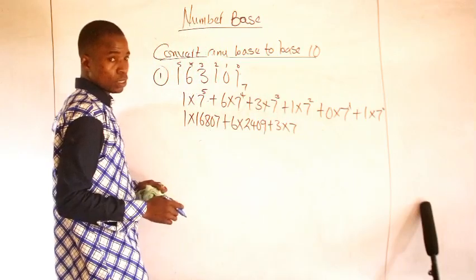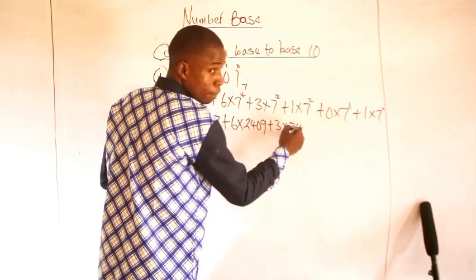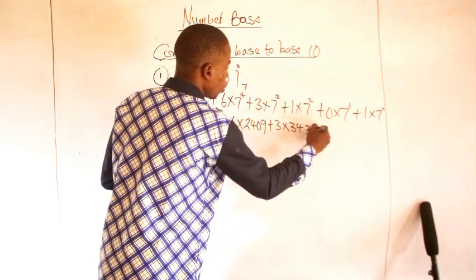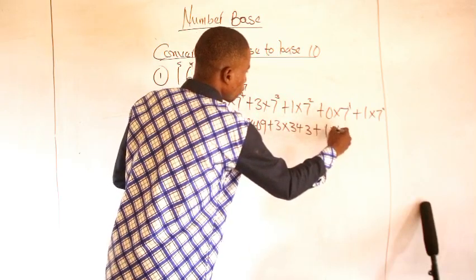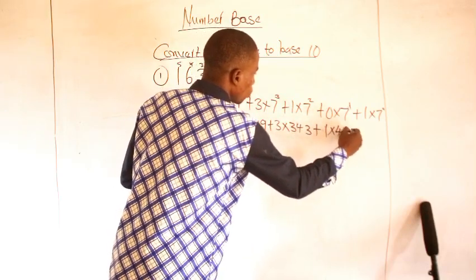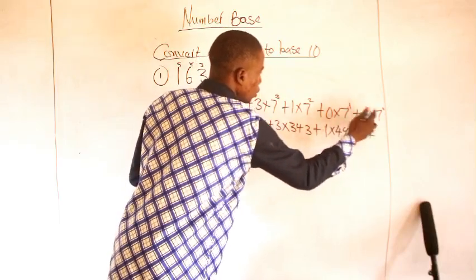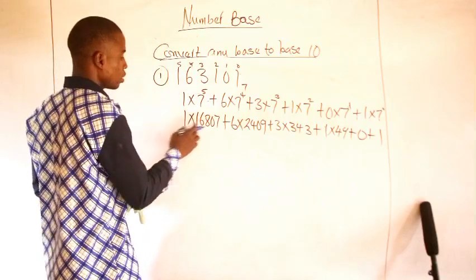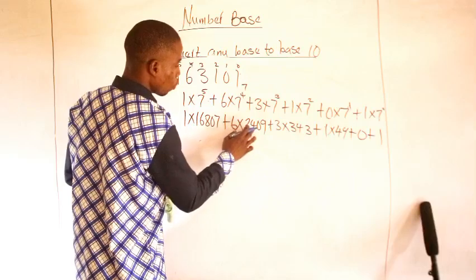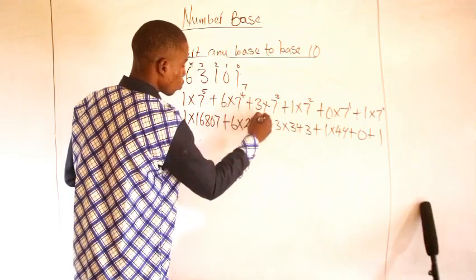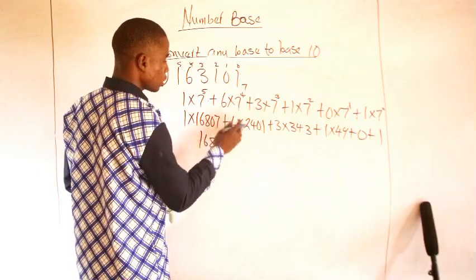This one, 343 plus 1 times 49 plus this one 0 plus 1. Now, 2401. This one will be 16807 plus this one and this is what?